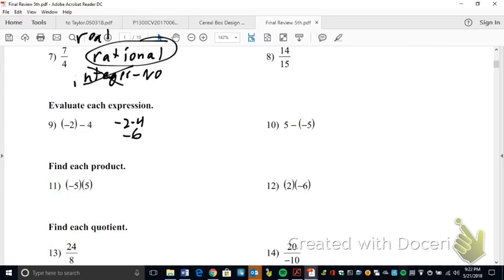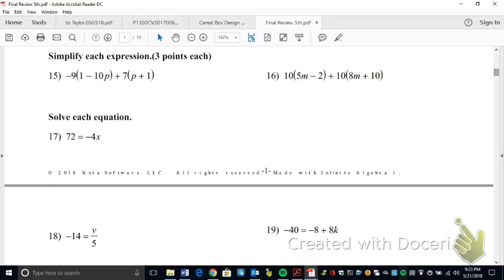If you just have a problem like this, what's -2 minus 4, then you have an evaluation, not solving. Negative 5 times 5 is negative 25, because when you multiply a negative and a positive number, you get a negative number.